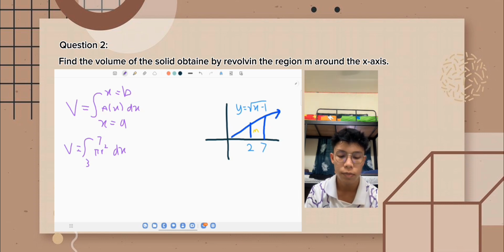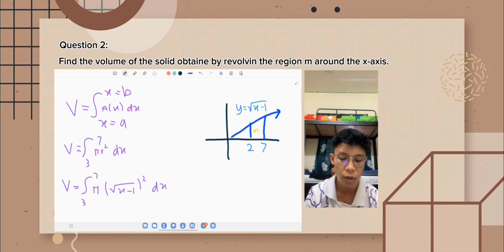You can see that the radius is from the x-axis all the way to the line, which is equal to the square root of x minus 1. So that height is y, which is the square root of x minus 1.